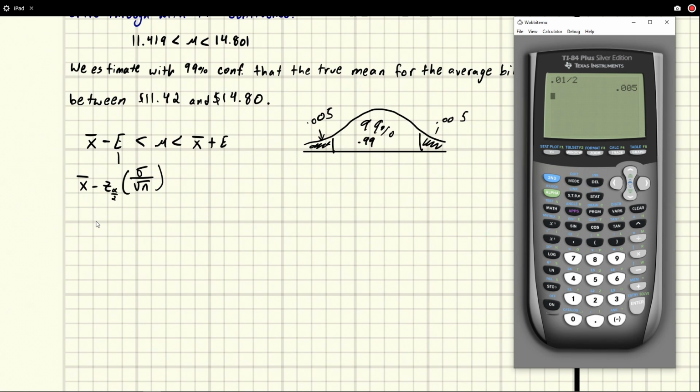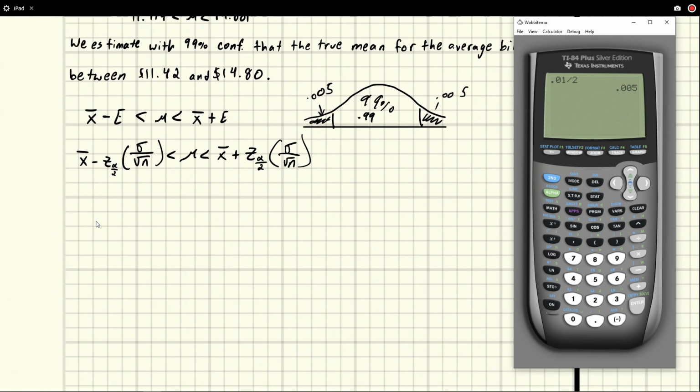So this thing right here is E. And what we're going to do now is put that on the other side. So the mean is in the middle, the true mean. And then we're going to have x bar plus z of alpha over 2 times sigma over root n.